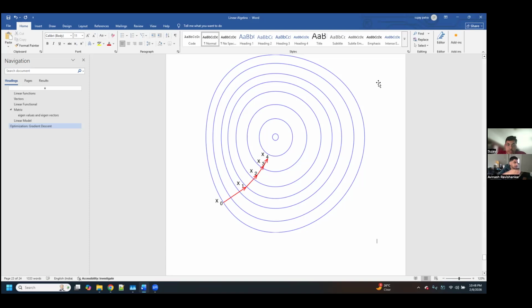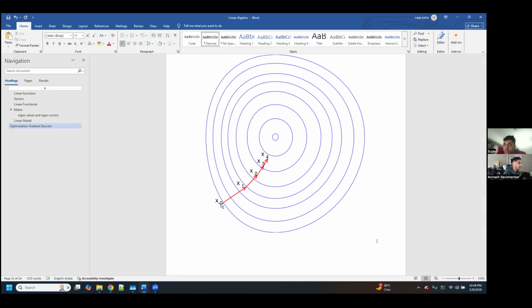The blue lines tell you that all the values on a single blue line are equal. Think of this as a hill. The small circle at the center is the top of the hill, and you are drawing circles of equal elevation. You start at x naught and you want to reach the top of the hill.